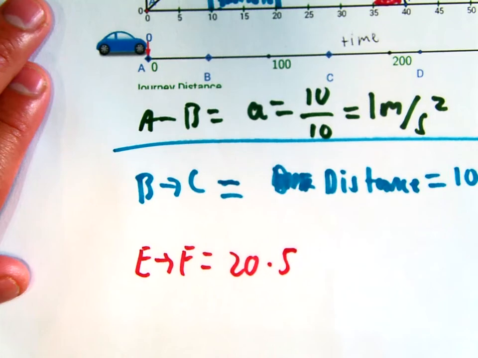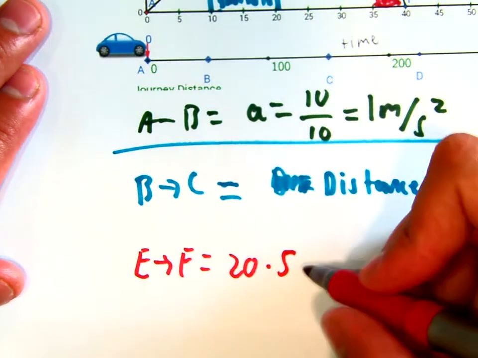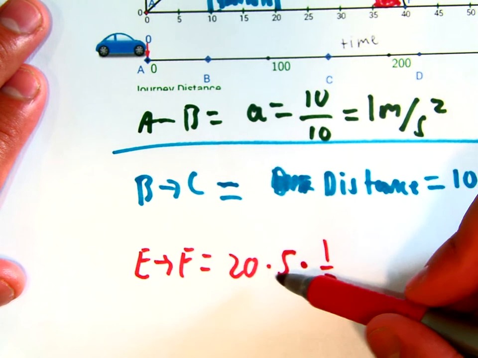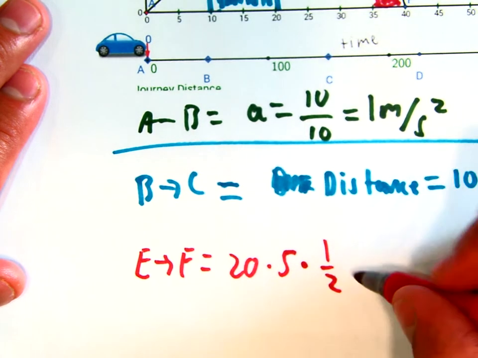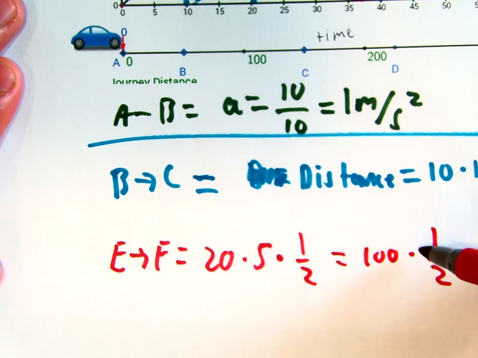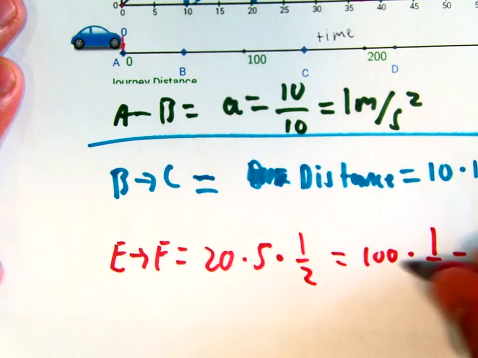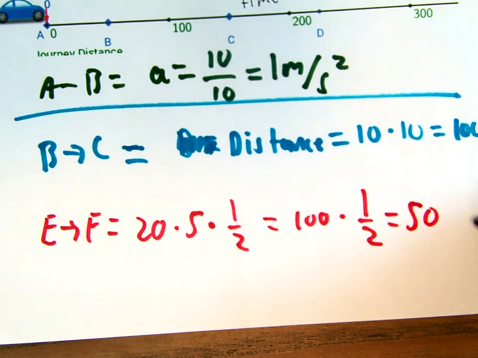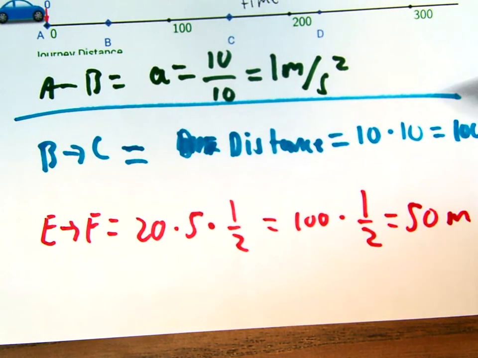But I can't just go 20 times 5, because it's a triangle, I have to go times 1/2. Well, 20 times 5, that's 100. So it's 100 times 1/2. In other words, times 0.5 or divided by 2. Either one is the same thing. So 100 divided by 2 would give me 50. So in part E to F, I traveled 50 meters.